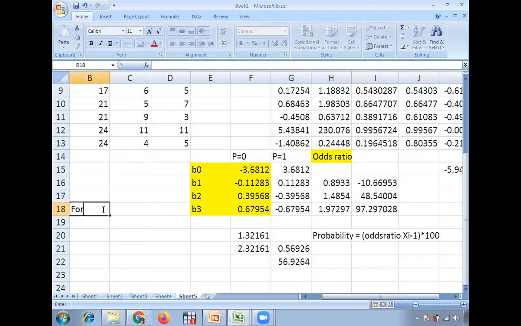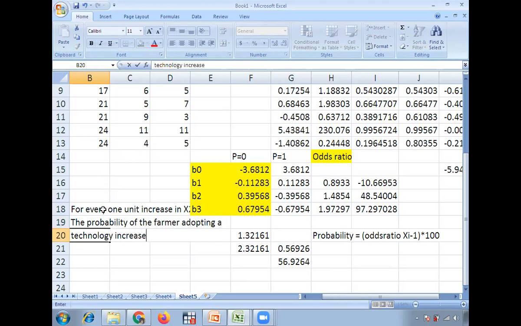Here, for every 1 unit increase in x2, the probability of the farmer adopting a technology increases by 48.54%, and 97.29% accordingly. So this way you can interpret.